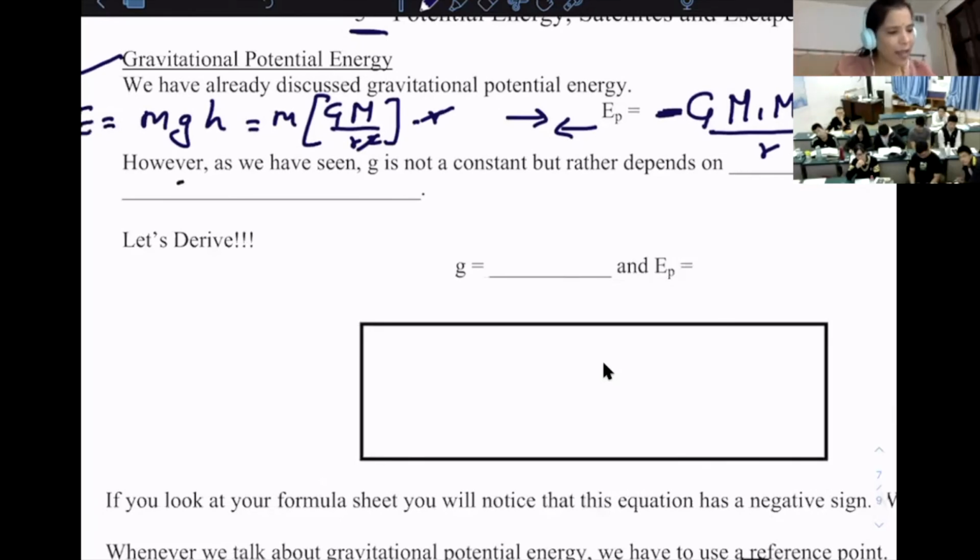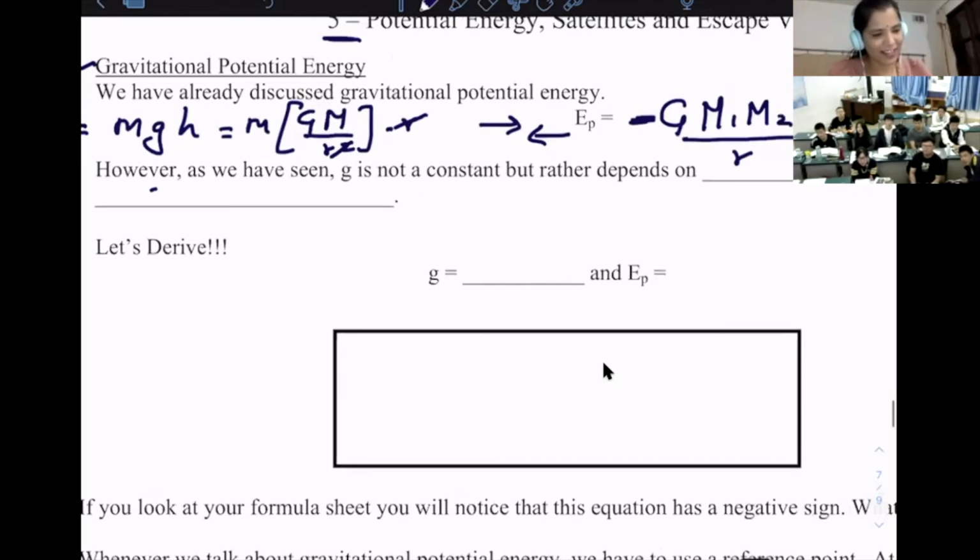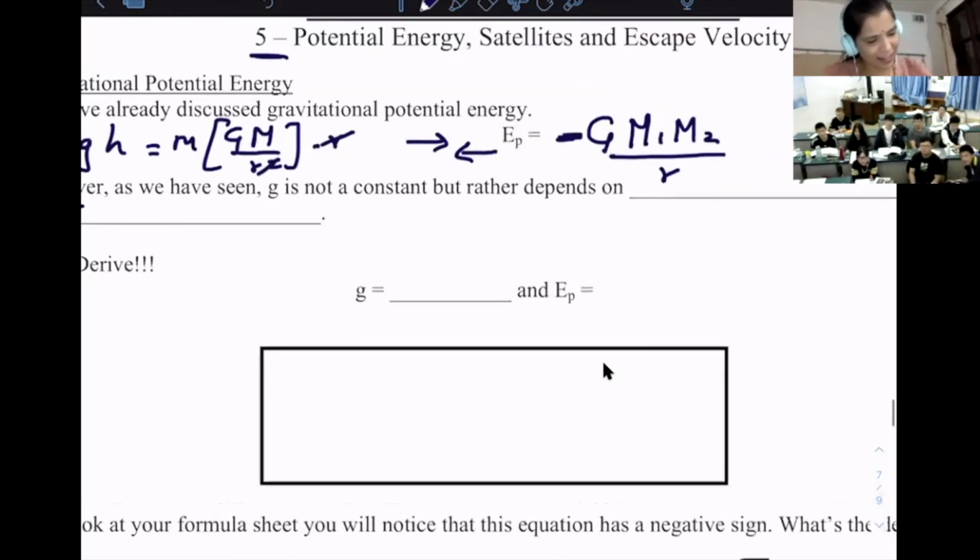However, please read. g is not a constant, but rather depends on the mass of the planet.